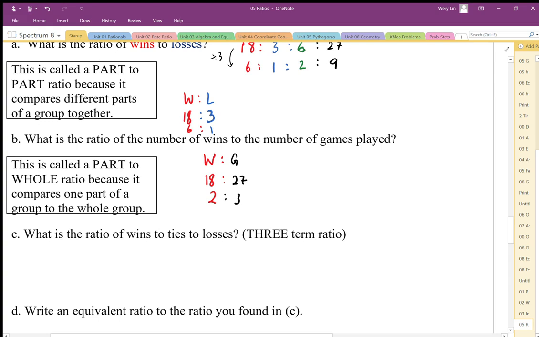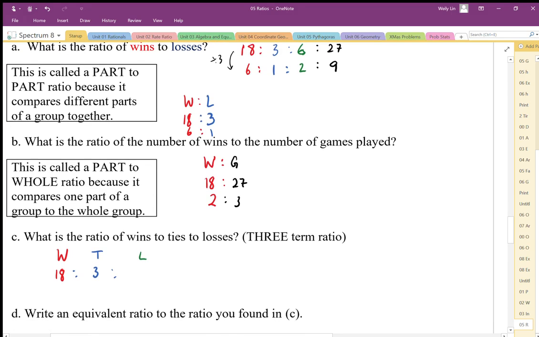So what's the ratio of wins to ties to losses? In a 3-term ratio, it's going to be wins. It's going to be 18 wins to ties. Ties, we had 3 ties, and then to losses... Sorry, we had 6 losses.